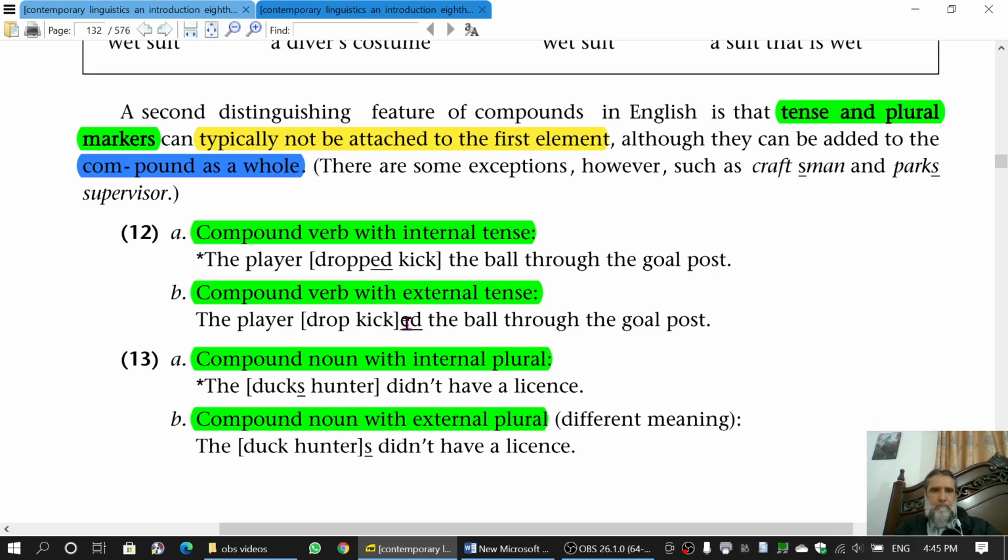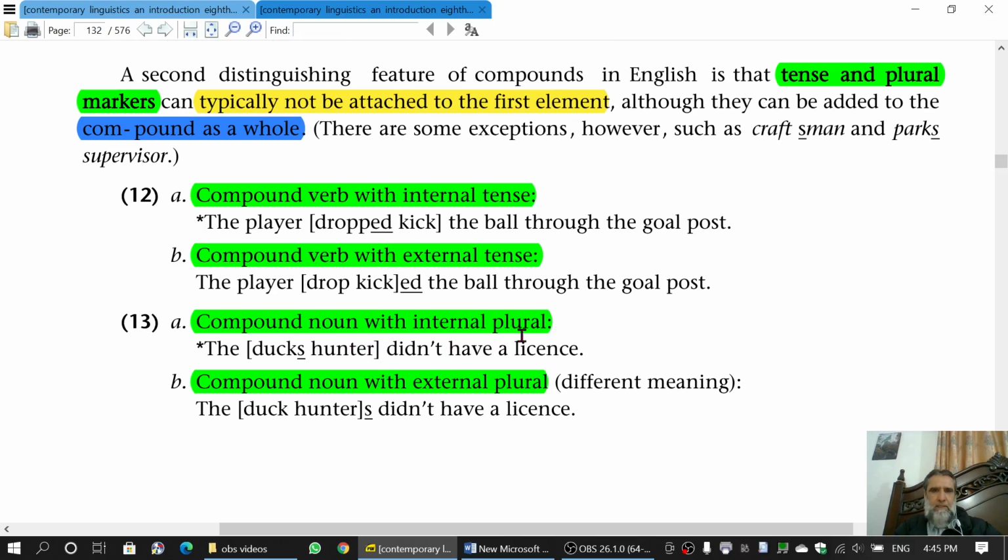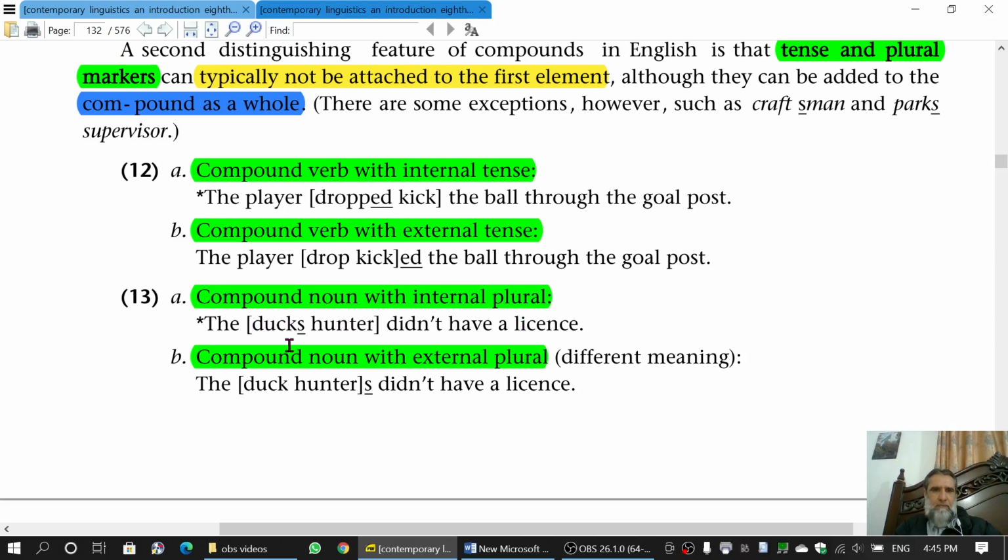So you see, in the second case, once again, that internal plural, if it is the kind of noun we are using, for example, in the case of duck hunter, S should not be used with ducks to make it plural.